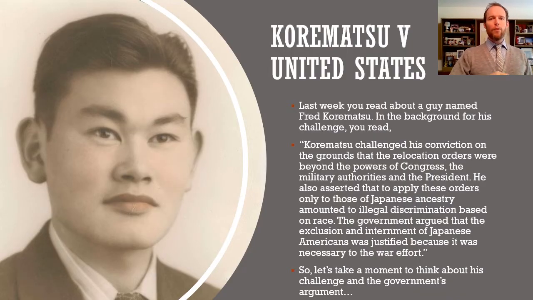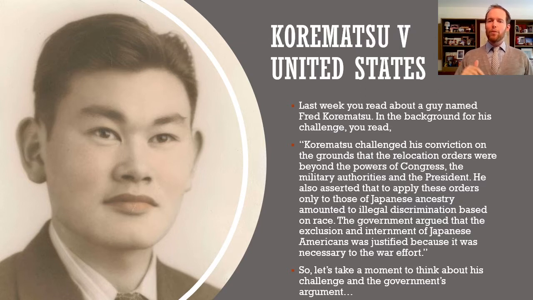So last week you read about this guy, Fred Korematsu, and he was involved in a Supreme Court case, Korematsu versus the United States. And in the background that you read last week on the Korematsu case, you read the following quote. Korematsu challenged his conviction on the grounds that the relocation orders were beyond the powers of Congress, the military authorities, and the president.